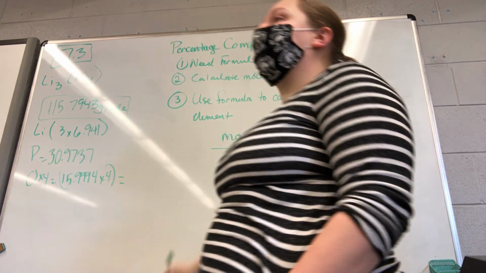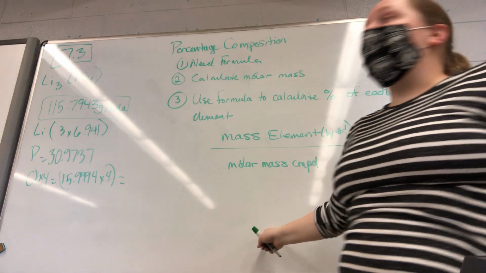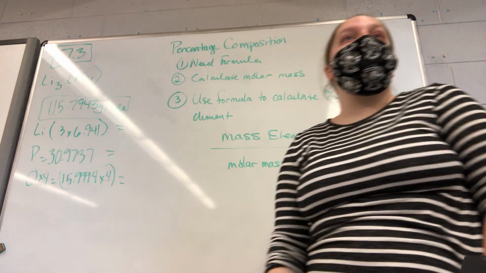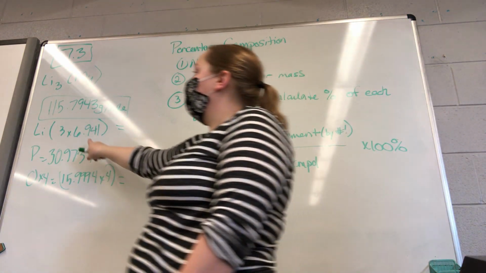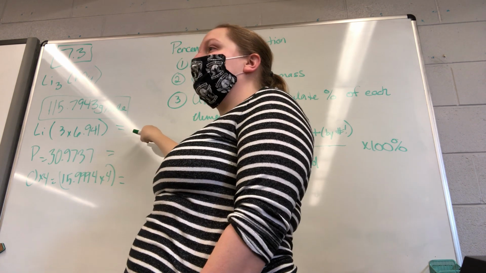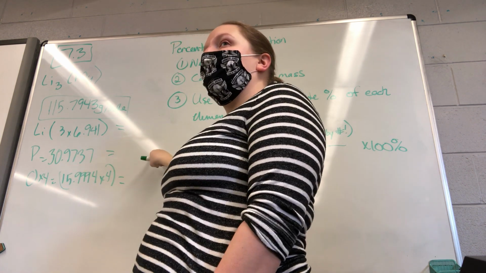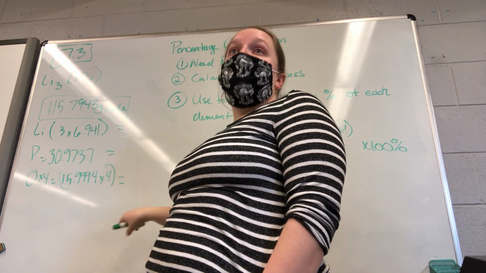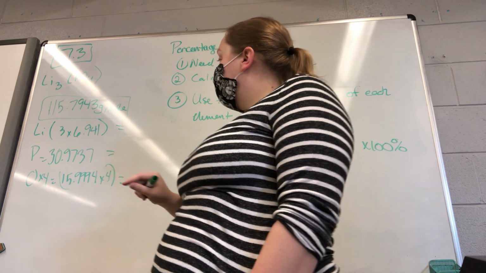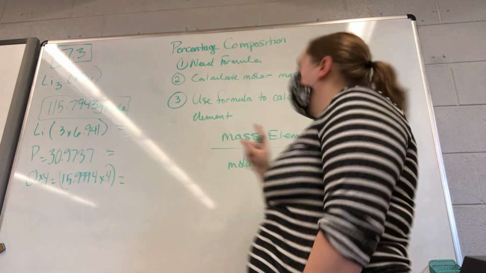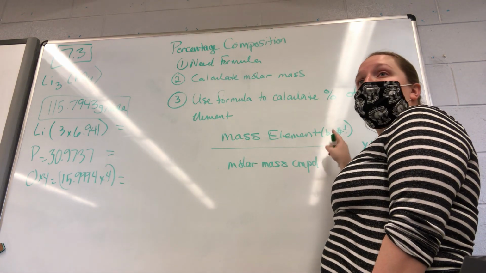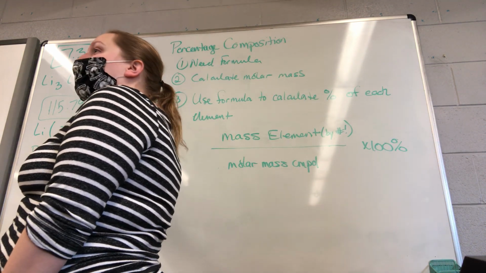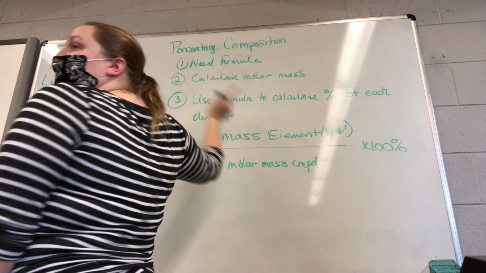Next thing we're going to do is calculate the percentage of each individual element by knowing what their individual contributions are to the molar mass. So this is where the method of calculating what just lithium's mass is and then what just phosphorus's mass is and what just oxygen's is going to be useful when you're adding them up. Yes? So is it just one lithium or the three? All three by number, right? So I want to know the total mass of lithium in this compound compared to the total molar mass.